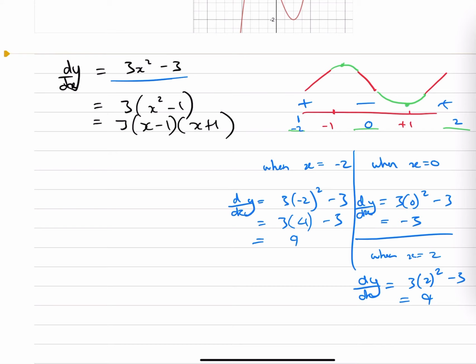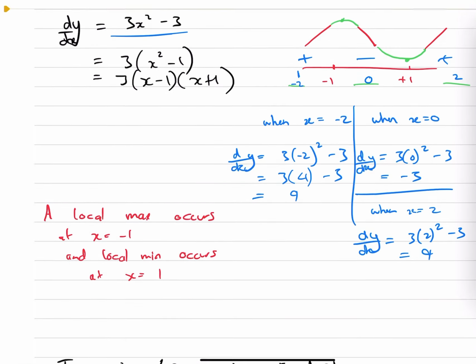So I can now make the statement: a local max occurs at x equals minus 1, and local min occurs at x equals 1. Alright, straightforward.